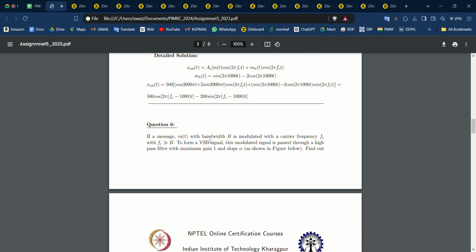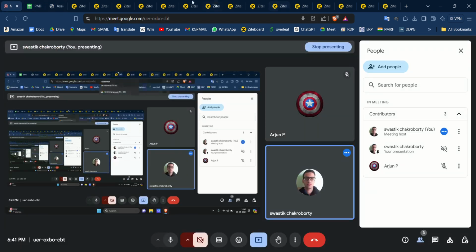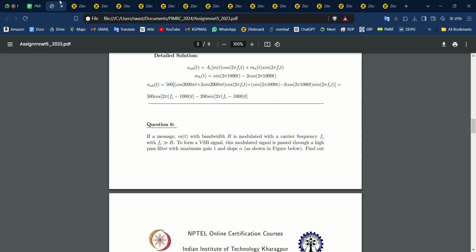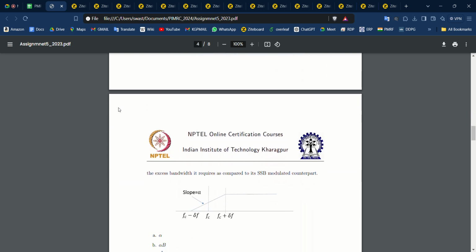If a message m(t) with bandwidth B is modulated with a carrier frequency fc, with fc much greater than B, to form a VSB signal, this modulated signal is passed through a high pass filter with maximum gain 1 and slope alpha. Find out the excess bandwidth it requires as compared to its SSB modulated counterpart.